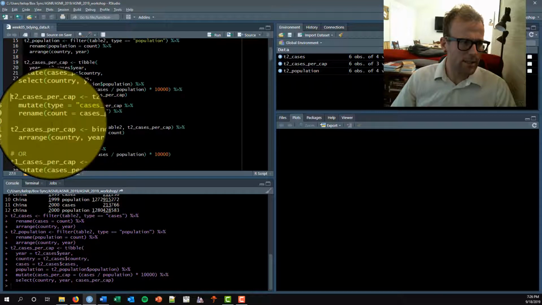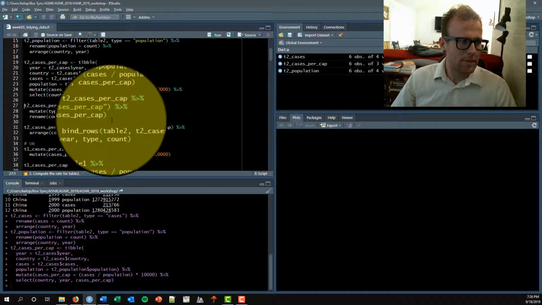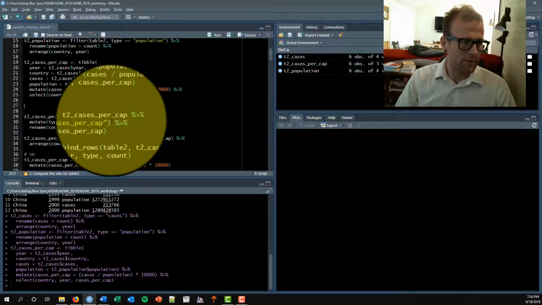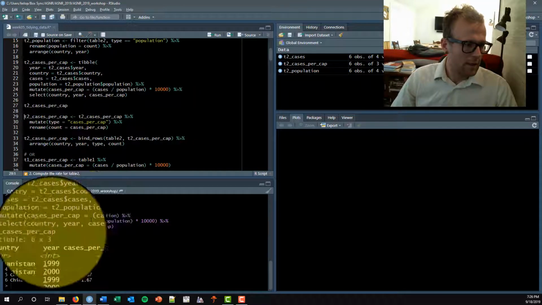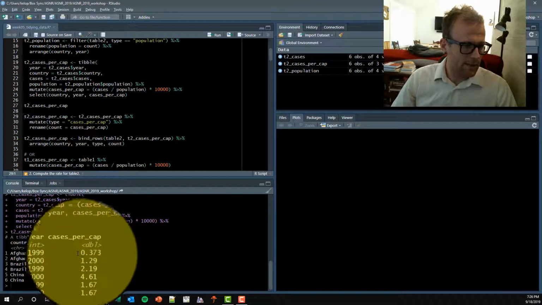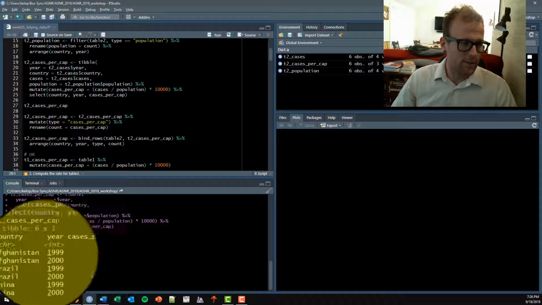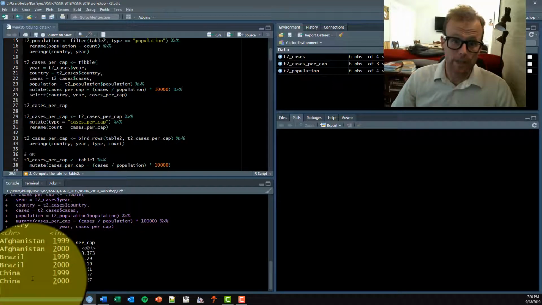So if we run that code, now I have my cases per capita, and if I look at that actual data frame, I can print it to the screen. And you can see that I now have the incidence rate per 10,000 people in each of those countries.